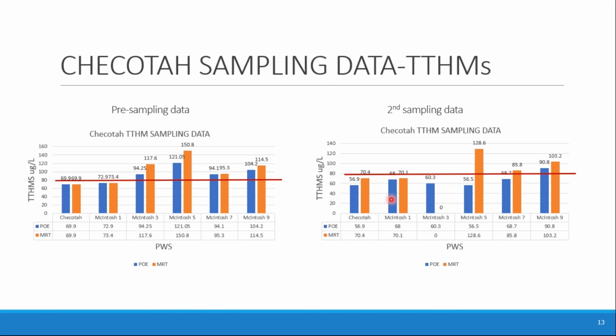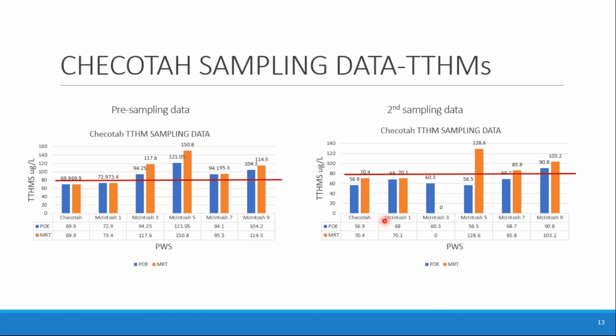Also in McIntosh 5, it went down from 121 to 56, which is a 53% decline in the THMs, and in number 7 there was a 27% decline. So there is some decline again.